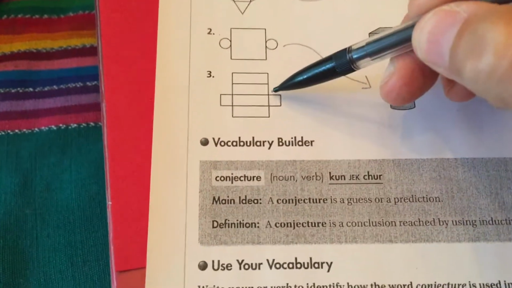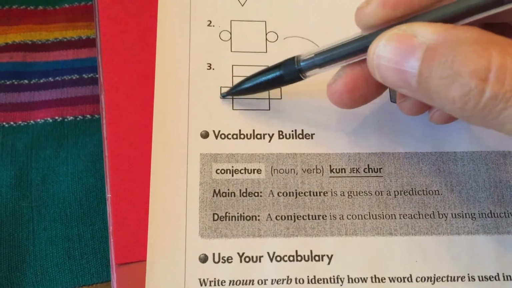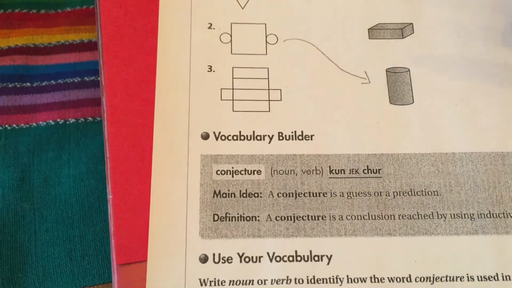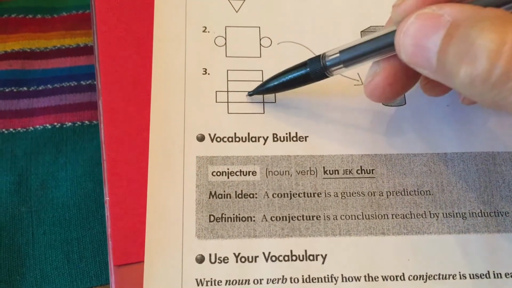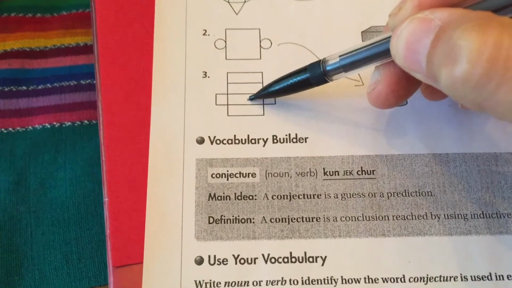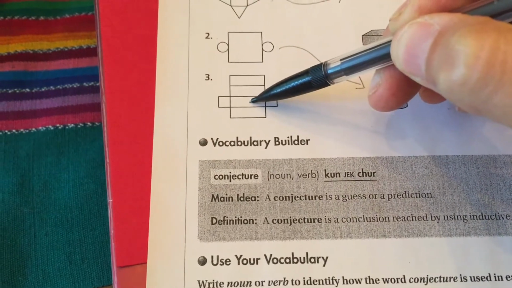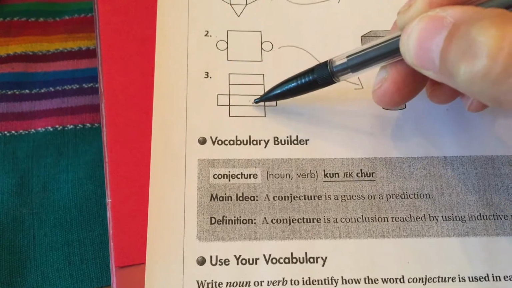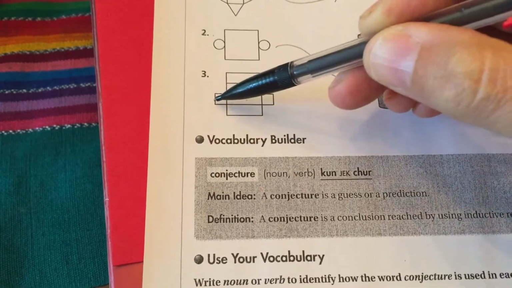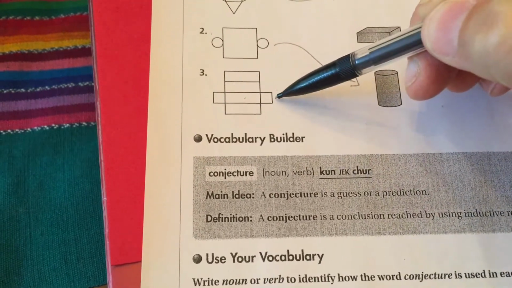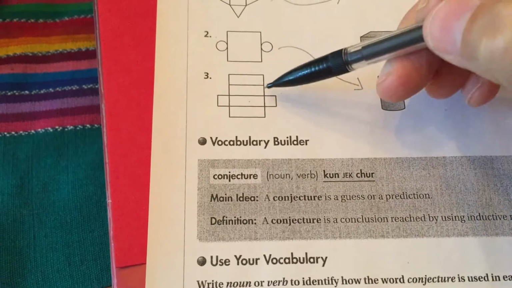On number 3, cut out in my mind this entire shape. I would probably pretend I taped down this edge onto my tabletop, fold this side up to give me a front, this side up to give me a left edge, this side up to give me a right edge.